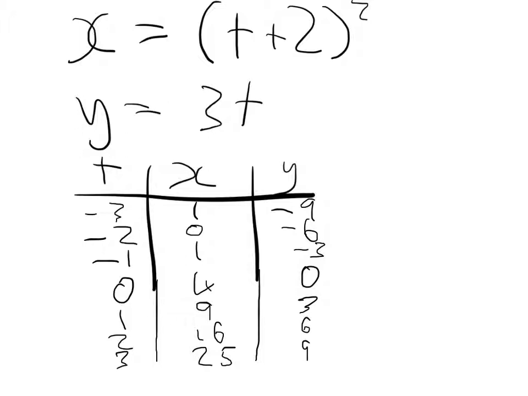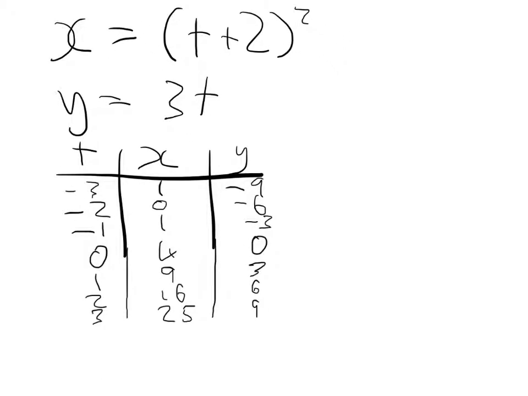So we'll graph it, it'll look something like this. We'll just plot a couple of these points. We've got 0 and -6.